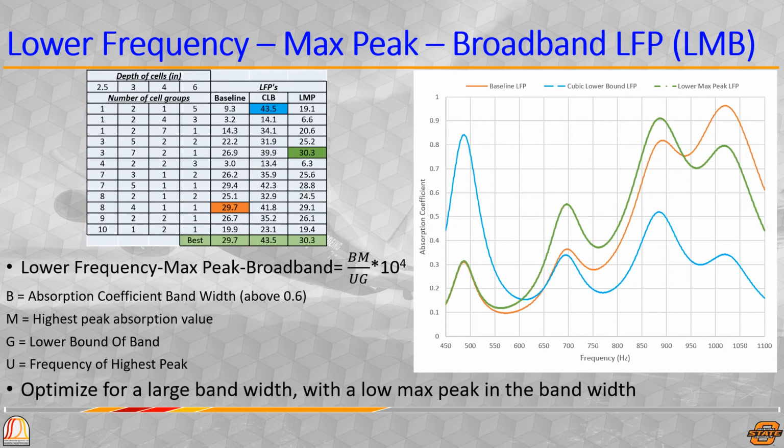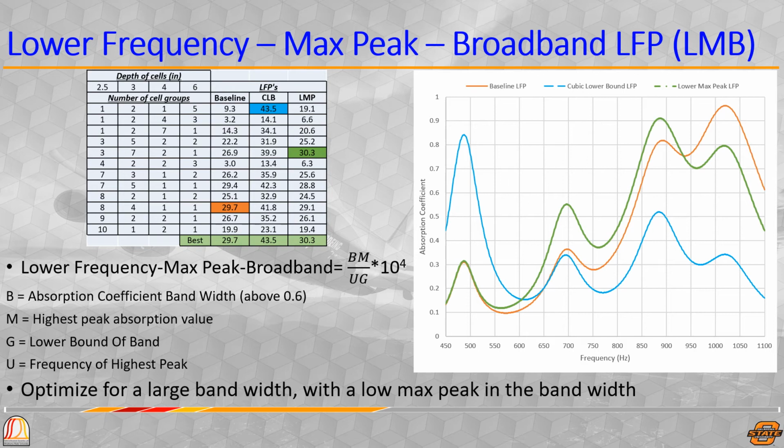The third metric is the lower frequency max peak broadband LFP, or LMB. This LFP optimizes a large bandwidth that has a max peak at the lower end of its bandwidth. This is done by taking the U term, which is the frequency of the highest peak, and multiplying it in the denominator to optimize a low frequency value.